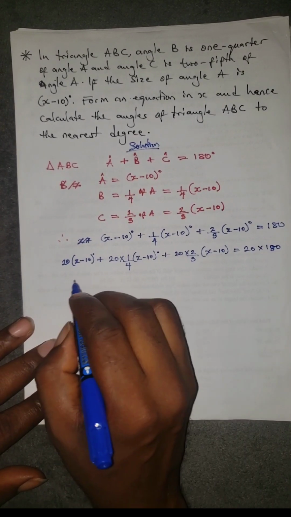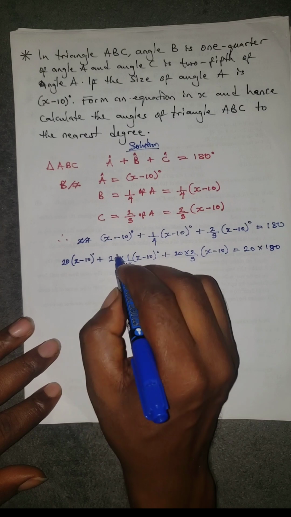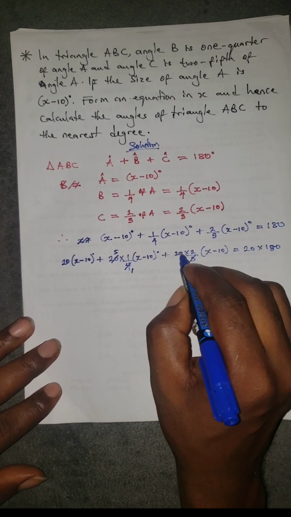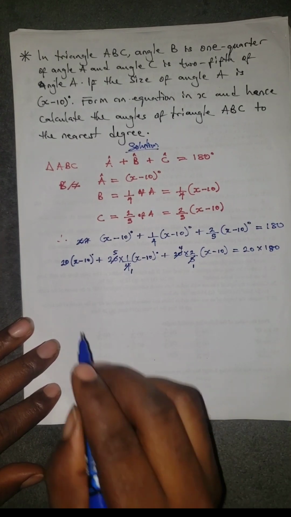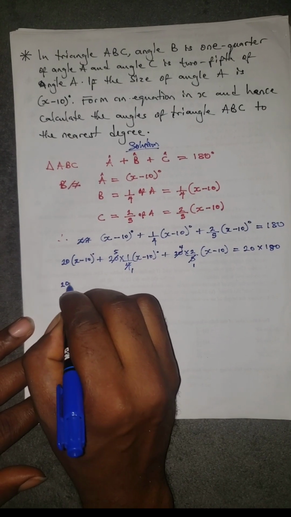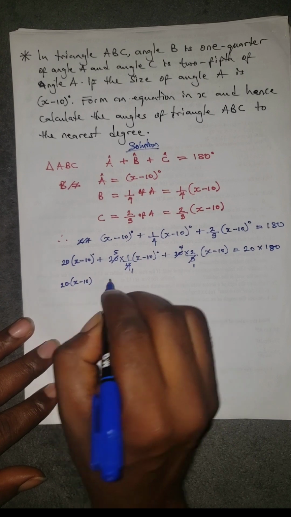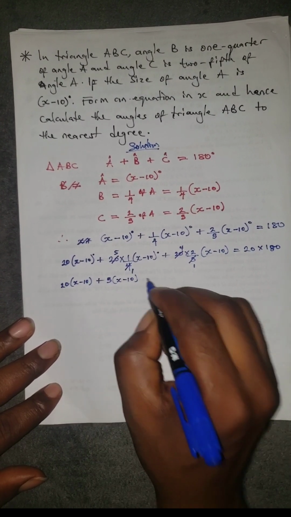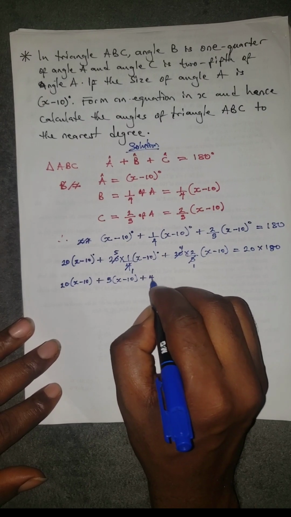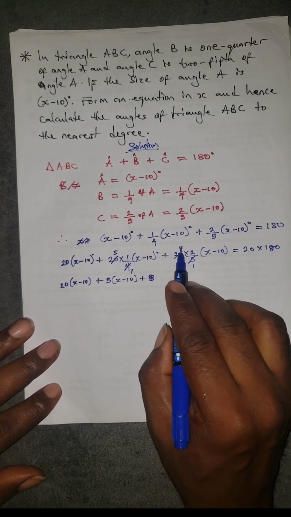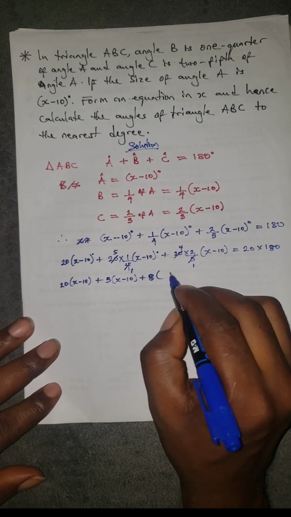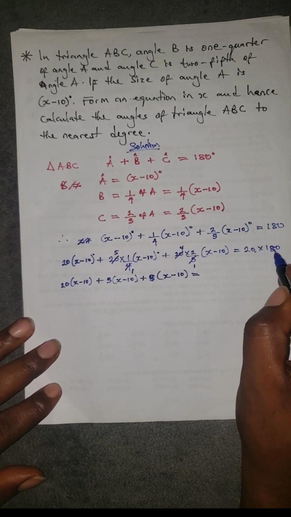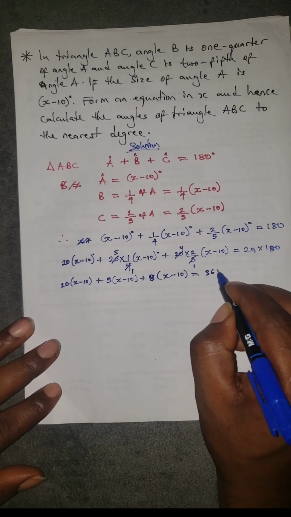Now here will give me 4 here, 1, 4 here, 5. So 5 here, 1, 5 here, 4. Okay, so that will give me 20 into x minus 10 plus 5 into x minus 10 plus 8 into x minus 10, because 4 times 2 is 8, equal to, when you multiply this, you have 3600.